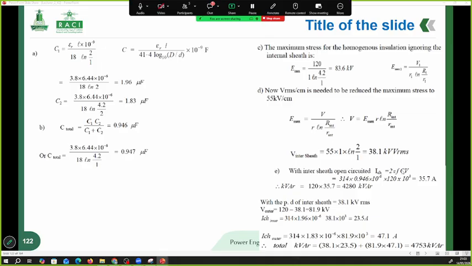This leads to a reactive power of 4,280 kilovolt amp, indicating the capacitive nature of the cable under high voltage operation. So then we can find the I charging inner and total apparent power.